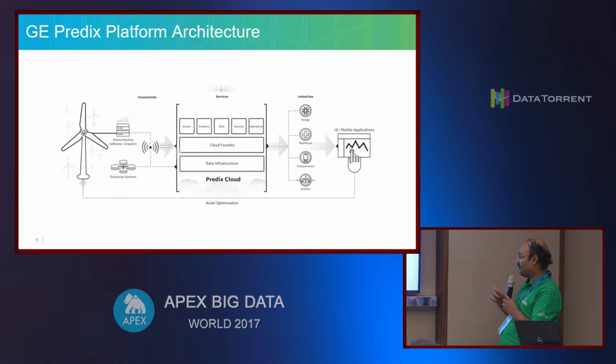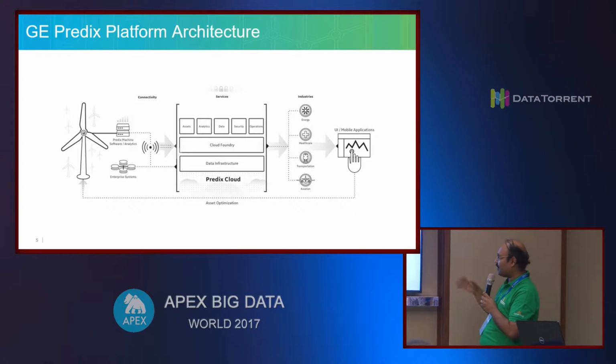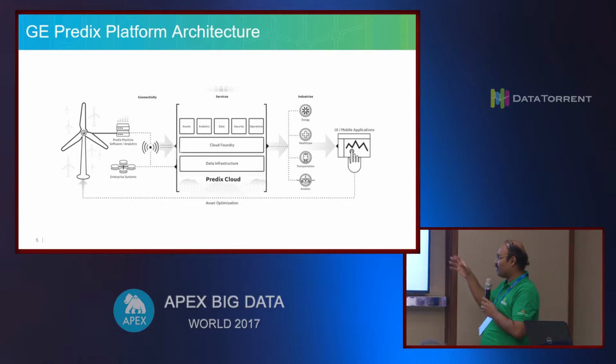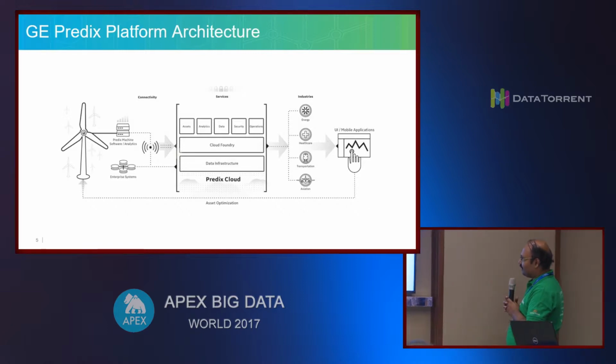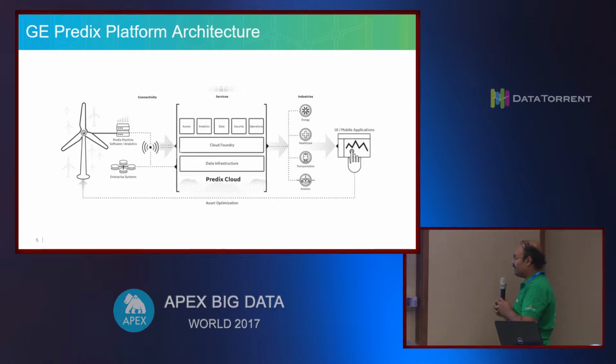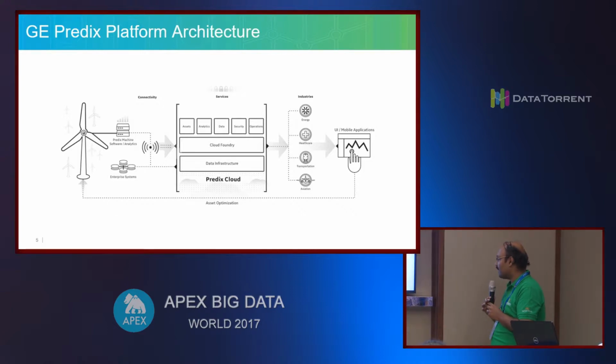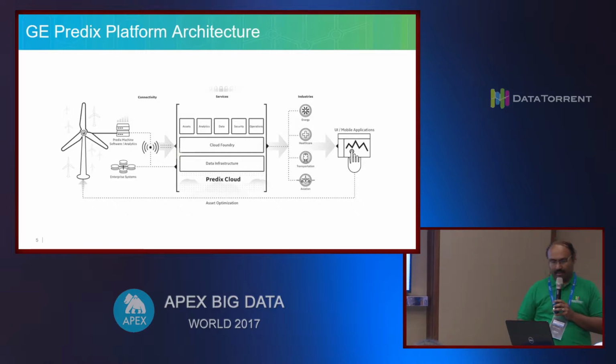To support it, they use Cloud Foundry underneath, and then deploy all their services on top of that. These services perform different analytics, and then they store the results and make them available to the different industries that consume them, and there are a bunch of applications that get enabled on top of it as well.